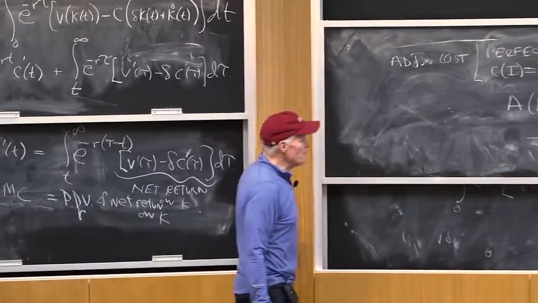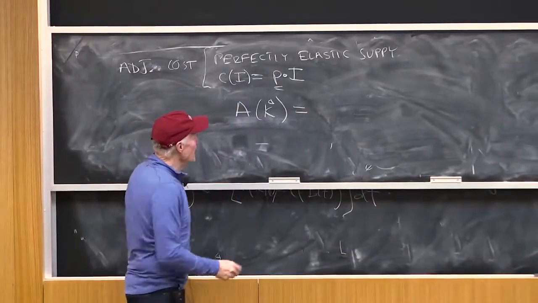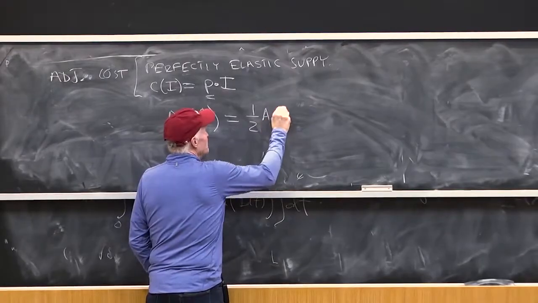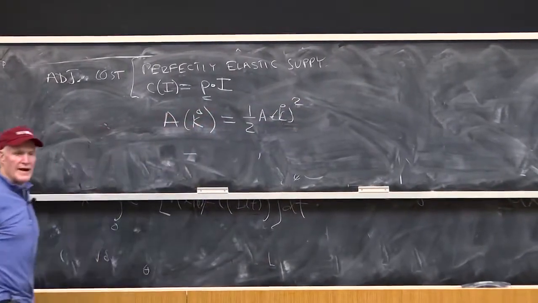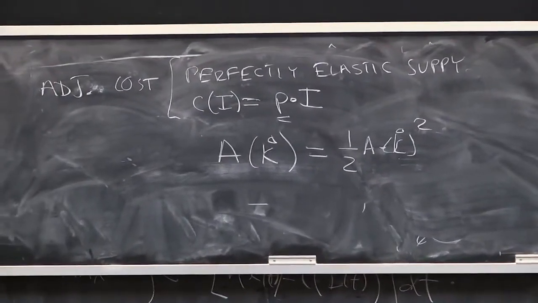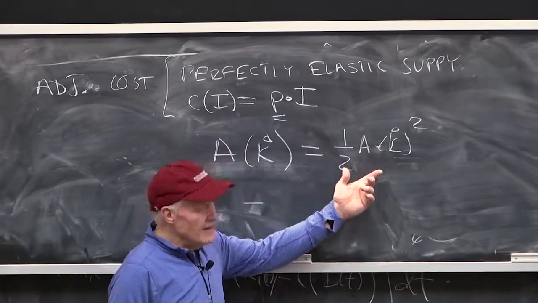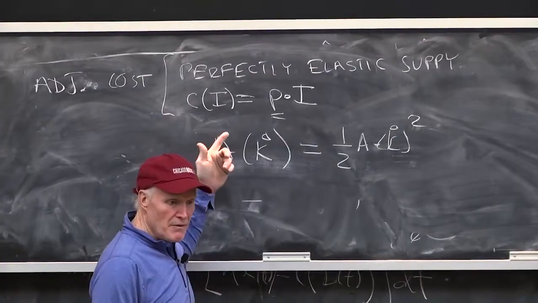The most common one, and the one I'll use, is A of K dot equals 1/2 A times K dot squared. This is called the quadratic adjustment cost model. That is, it costs me something to increase my capital, and it costs me something to reduce my capital.